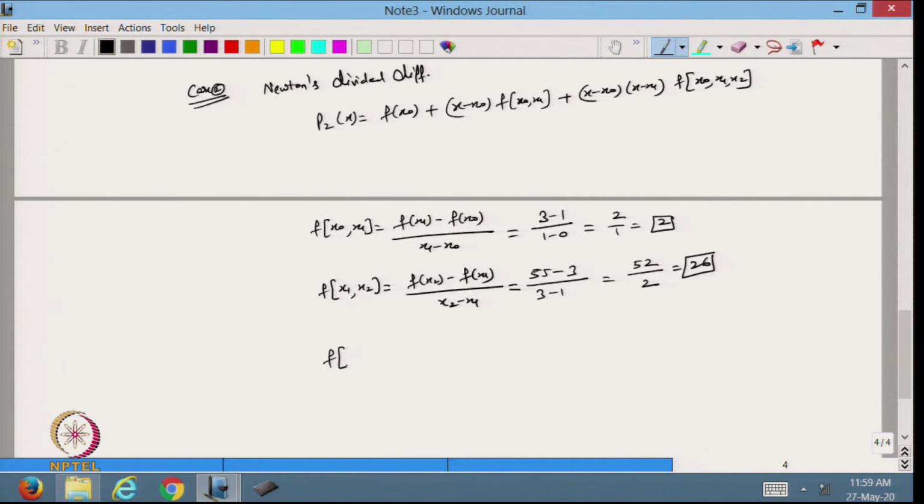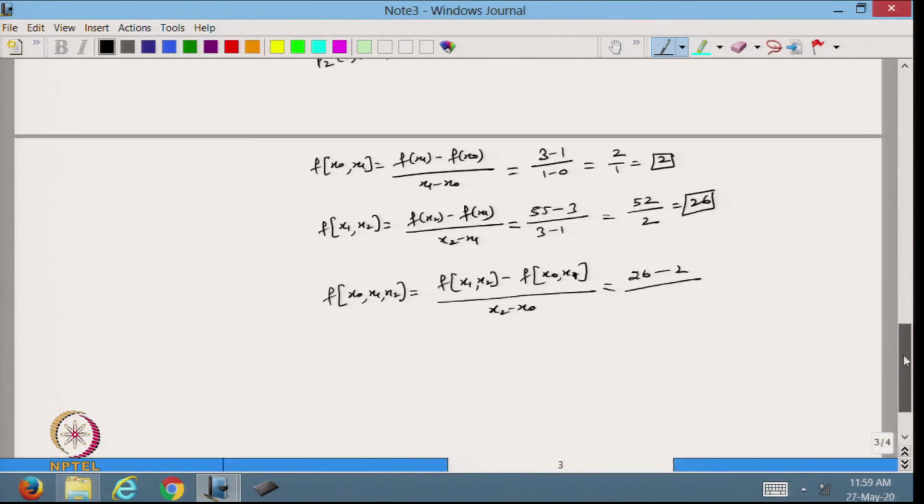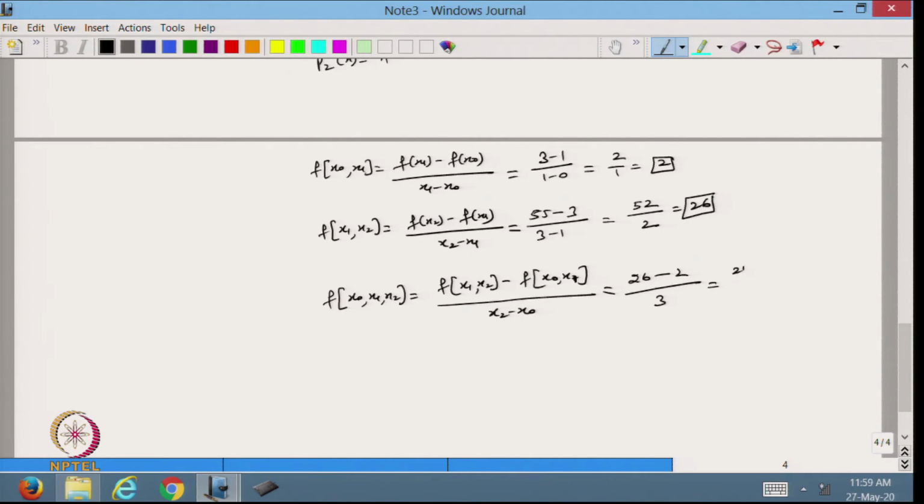Now, I find the second order divided difference, f[x0, x1, x2]. It is equal to the difference of the first divided differences divided by x2 minus x0. So f[x1, x2] is 26, f[x0, x1] is 2, and x2 minus x0 is 3 minus 0, so it is 3. So it is 24 by 3, and it is 8.